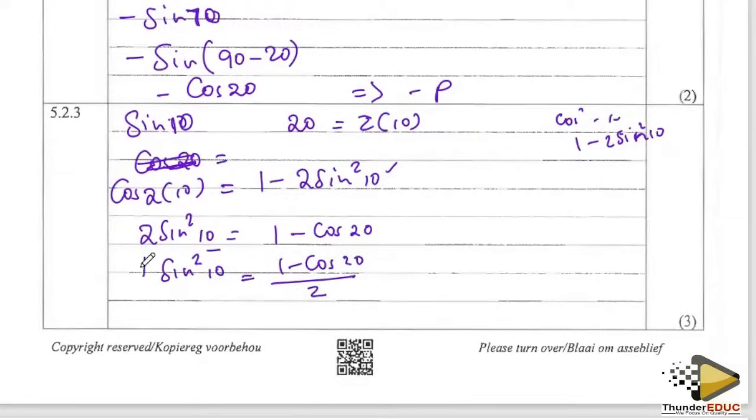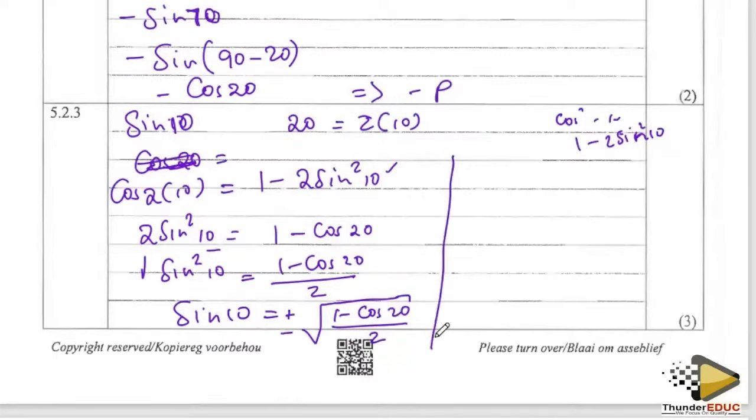Then I can take square roots on either side to eliminate that. So my sine 10 is going to be the square root of 1 minus cos of 20 over 2. Whenever I find the square root, I can have a plus or minus, but that's not a big deal. Then I can now do the substitution.